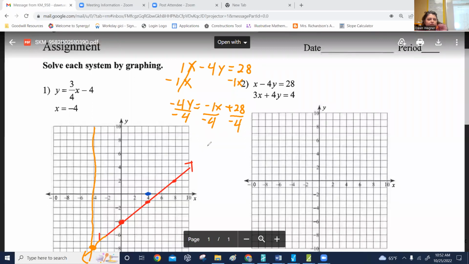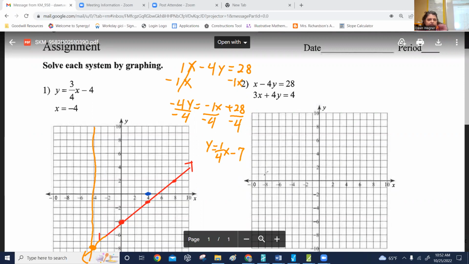So when we go all the way across, we get y equals, and what's a negative divided by a negative? Positive. Positive. So I change that to positive 1/4 x. And what's 28 divided by negative 4?